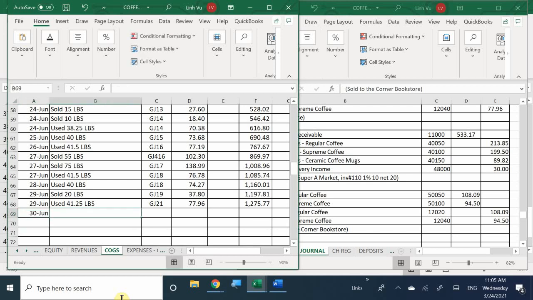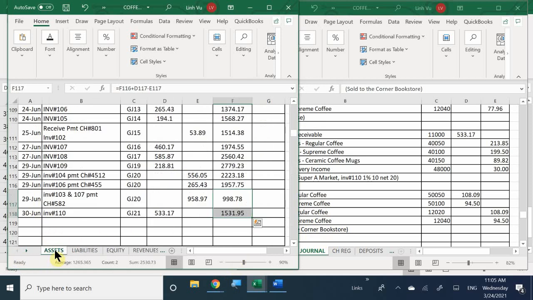We sold 50. Sold 50 LBS. General Journal 21. Once again, for the amount of $94.50. Good. Okay. So what is my ending balance? 1370.27. Good. Excellent.